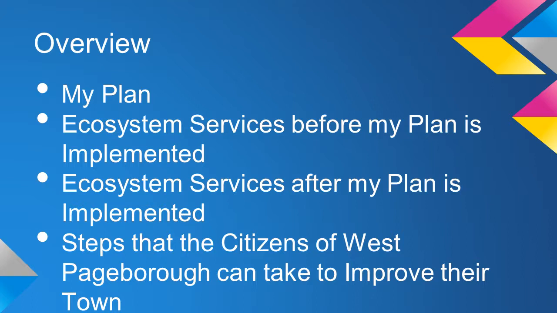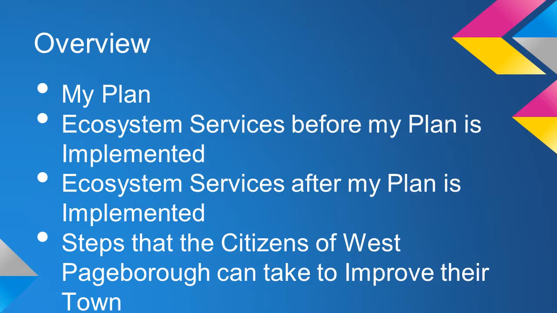And then I talked about my ecosystem services before the plan was implemented. These ecosystem services included water purification and the pollination of flowers. The ecosystem services weren't affected too much after my plan was implemented as well. The only things that were affected were the pollination of flowers, since there will be more deers who eat insects that will pollinate flowers.